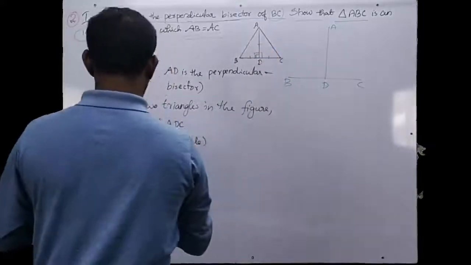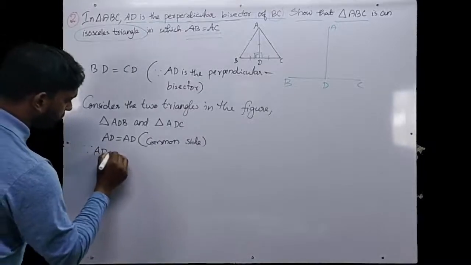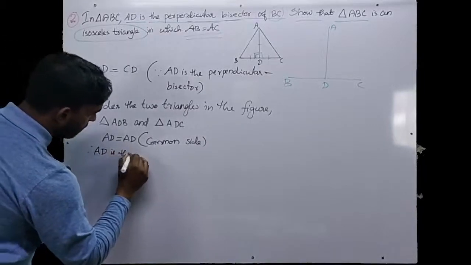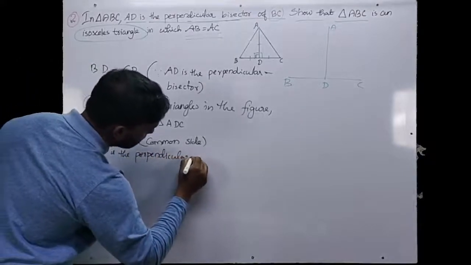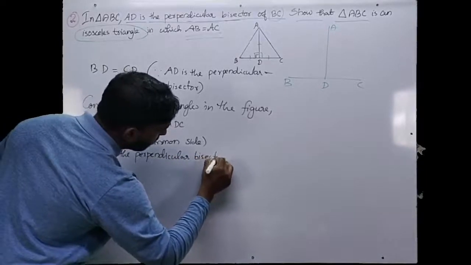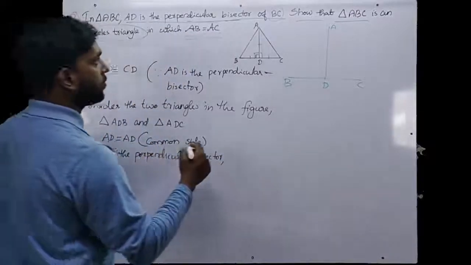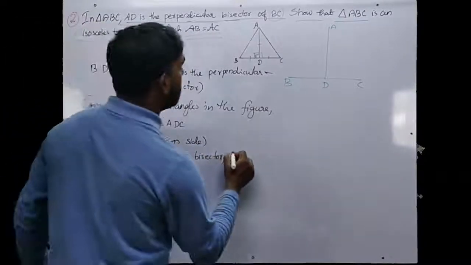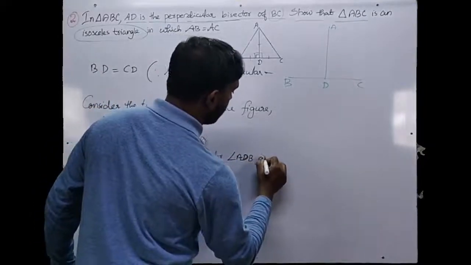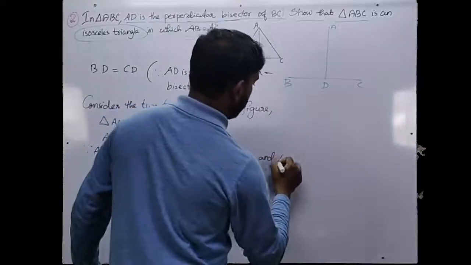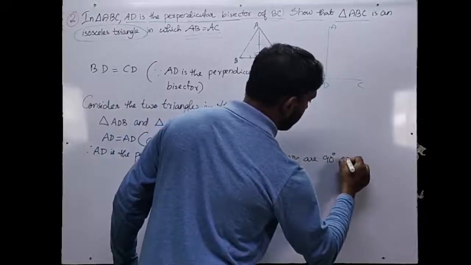So, since AD is the perpendicular bisector, angle ADB and angle ADC are 90 degrees each.